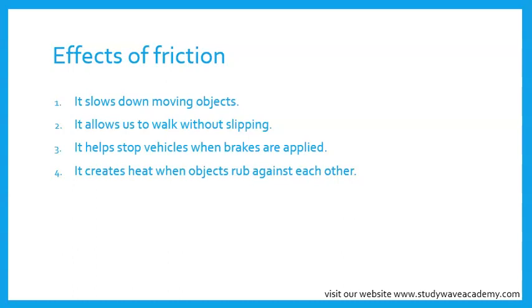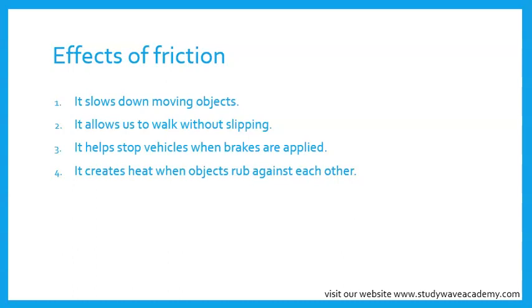Another effect of friction, it helps stop vehicles when brakes are applied. Brakes use friction to stop the vehicle when you apply them. In vehicles like cars and bikes, friction is essential for brakes to work. Okay?